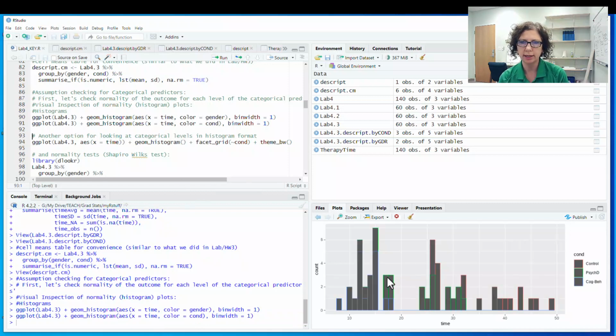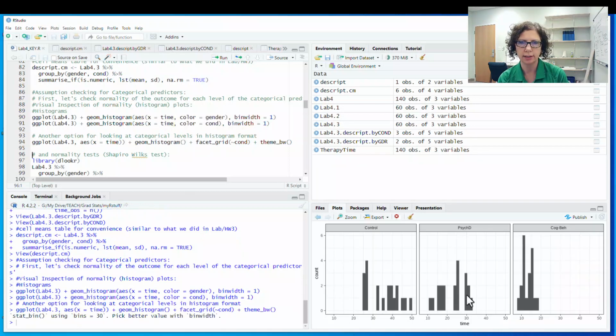Now when they're together like this, it can be hard to see what they actually look like. There's a function called facet grid that puts the graphs in separate positions. Let me show you what this looks like. And this is in that R for Data Science, the OER book that we have as part of the class.